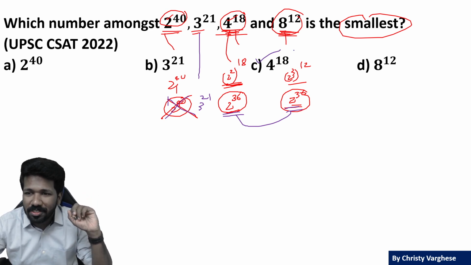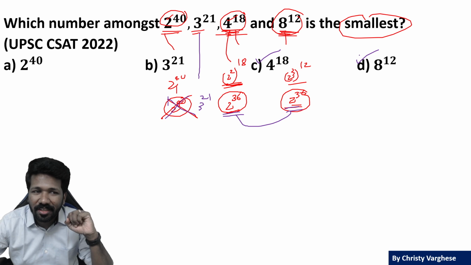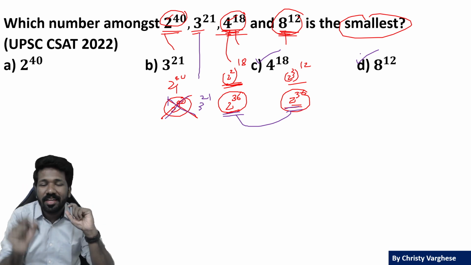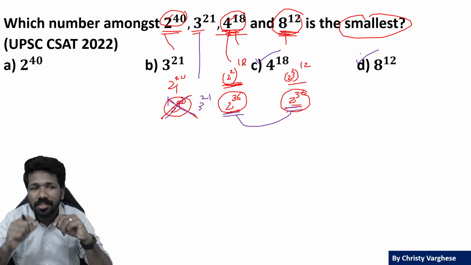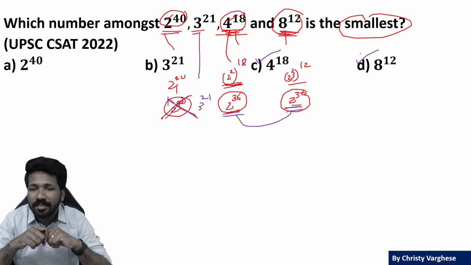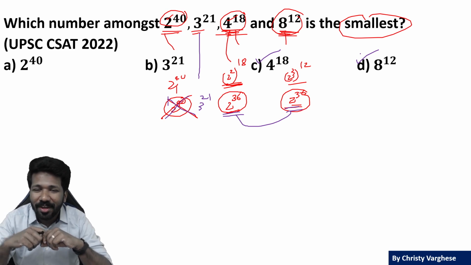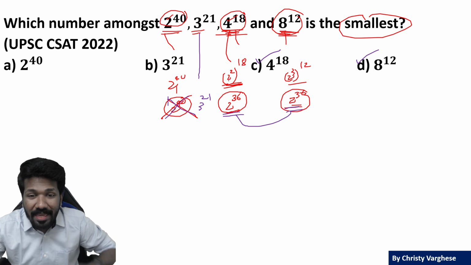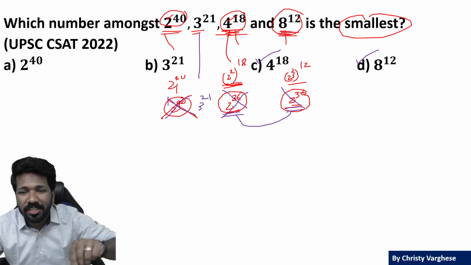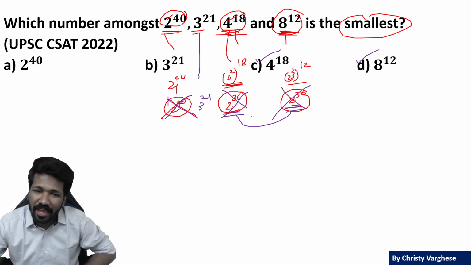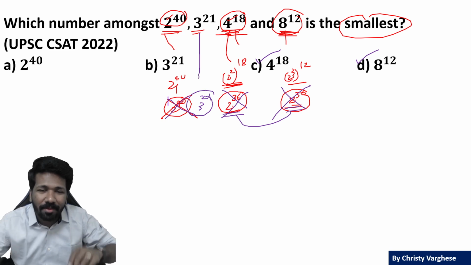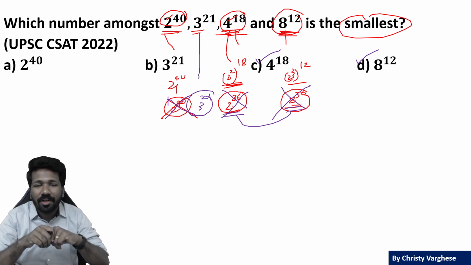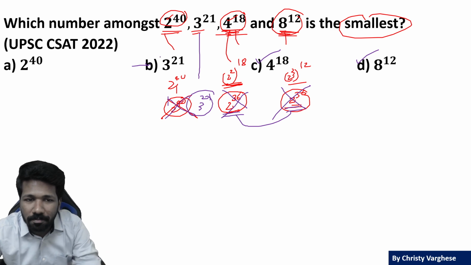That is option C and option D both will be correct. UPSC clearly mentioned that there is only one correct answer for each CSAT question. That means getting 2 correct answers is not possible. By that logic, you can eliminate or reject these 2 options. And that confirms the only remaining option, 3 raised to 21, should be the smallest. So option B is the answer.